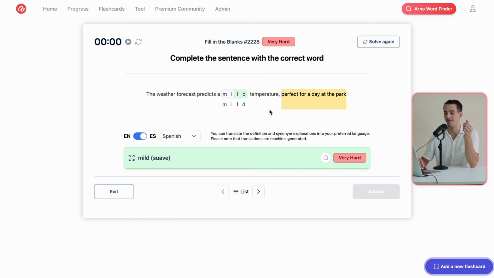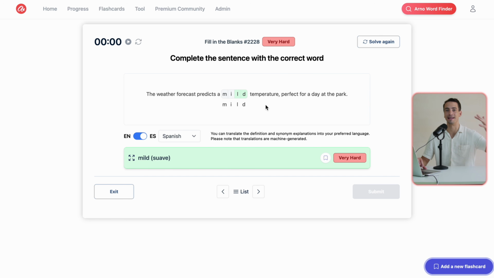So if you have a mild temperature, mild means medium, so not too much, not too little, in the middle. That's what mild means. And we use it often with temperature. So we will say a mild temperature instead of a medium temperature. I don't know why. We say high temperature, we say low temperature, and then mild temperature.